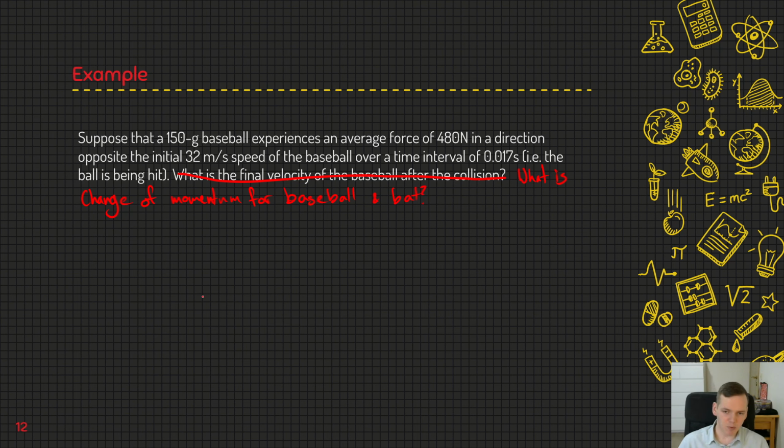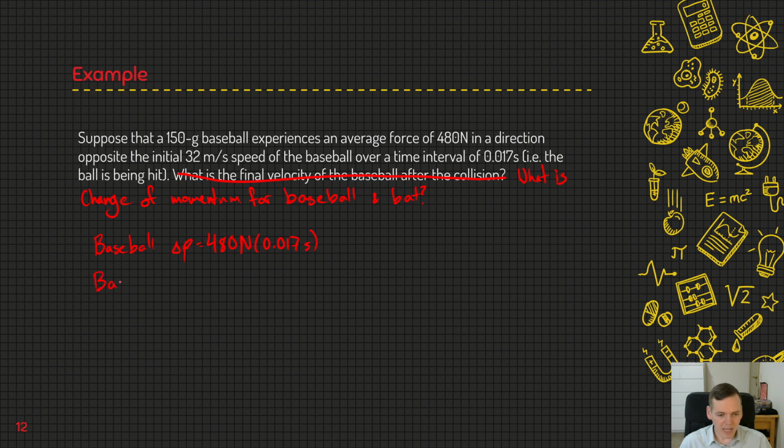You can go back to the previous video and check the calculation there. But basically, the change in momentum of the baseball we can calculate from the force and the time. So for the baseball, delta P is going to equal 480 newtons times 0.017 seconds.